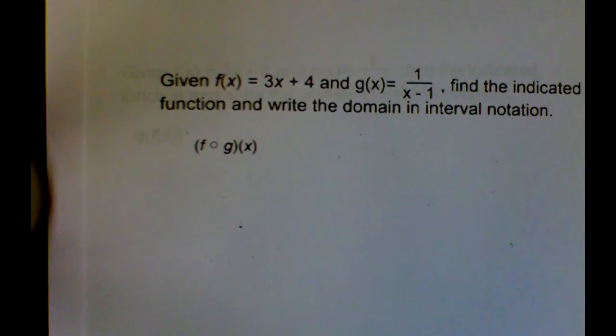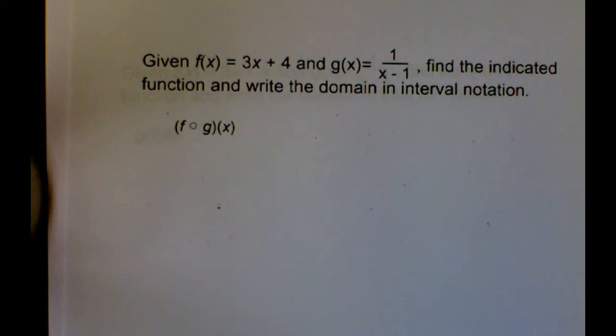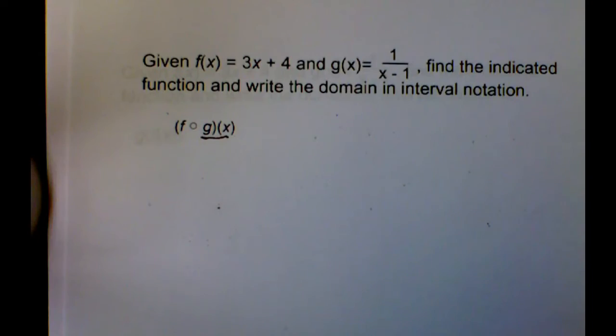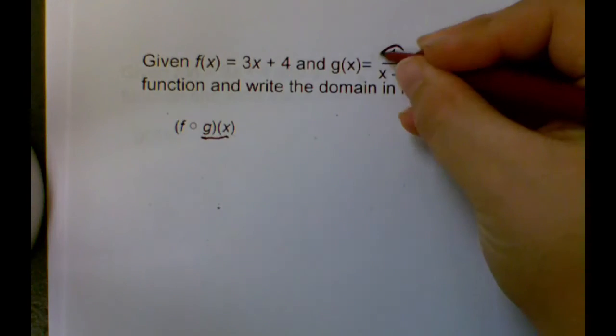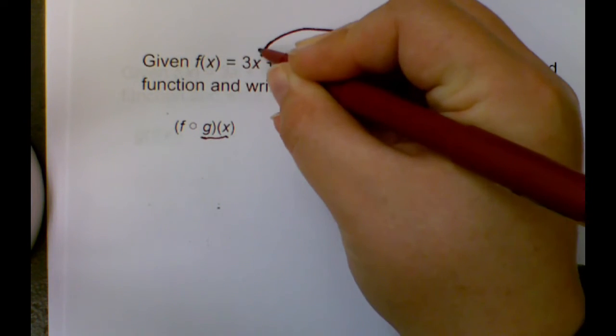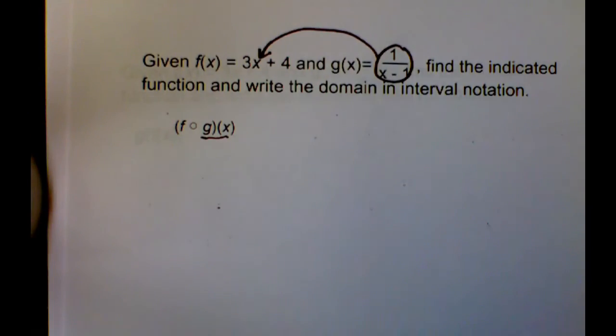All right, now we're going to switch to just using x's. f of x is 3x plus 4. g of x is 1 over x minus 1. We're going to find f of g of x. So this means that the second one is the inner function, g of x. I take g of x and I plug it into f in place of any x.